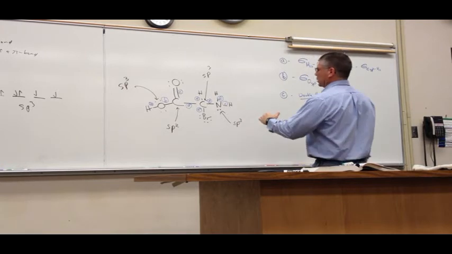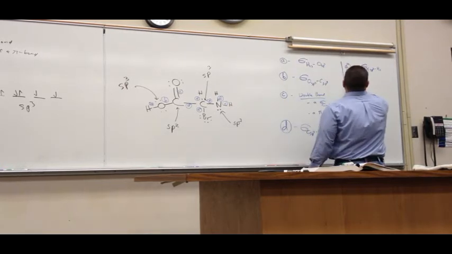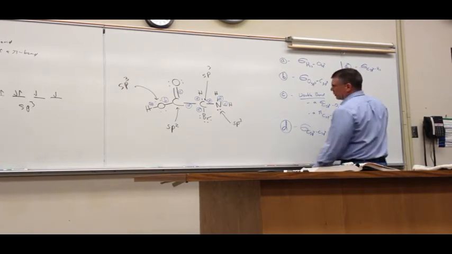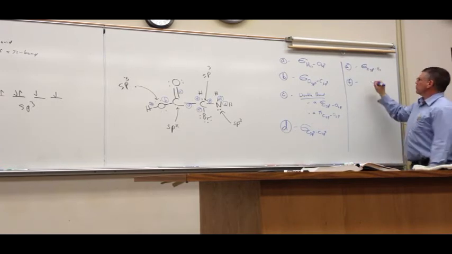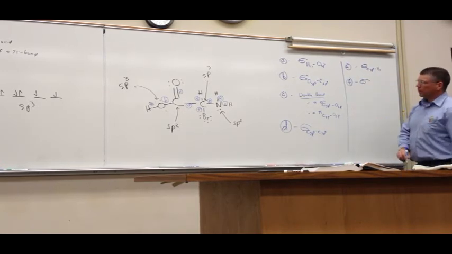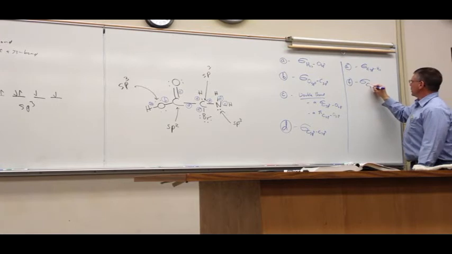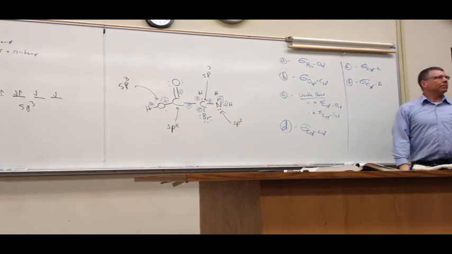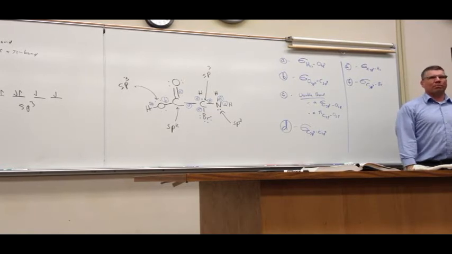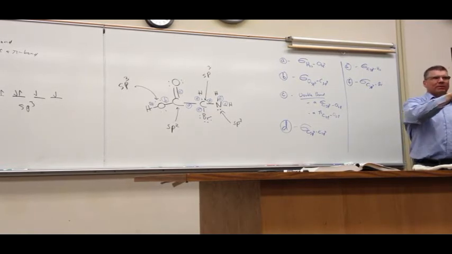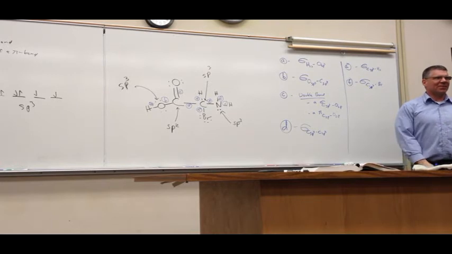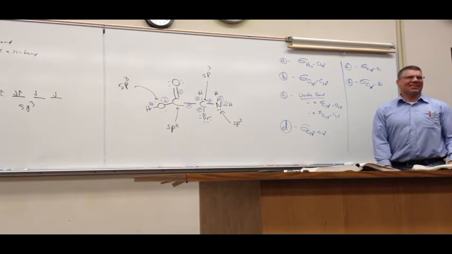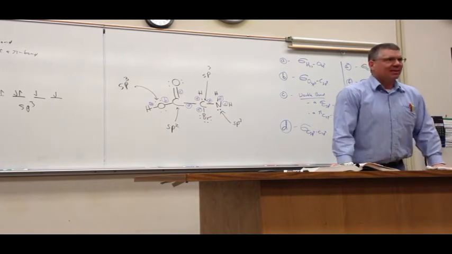Almost done. E, F. What kind of bond is F? Sigma. Which orbitals overlap? Carbon sp3 and bromine what? 4p. Good. Whoever said it, good.